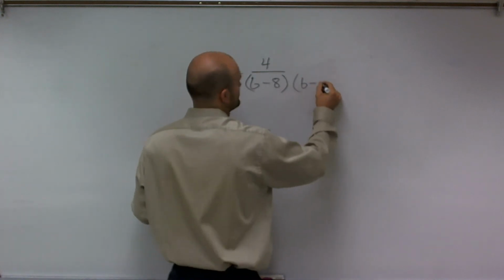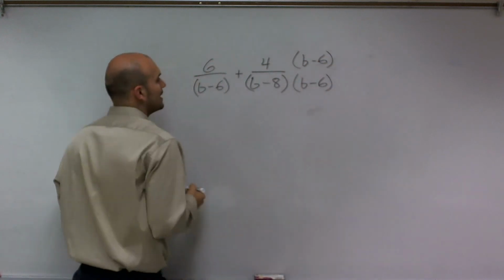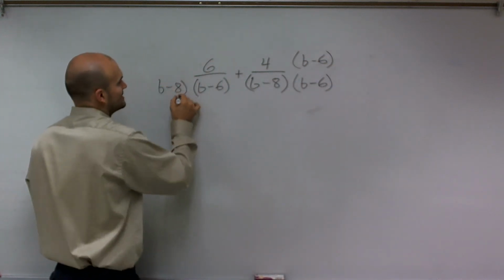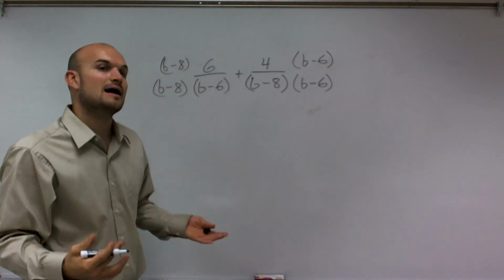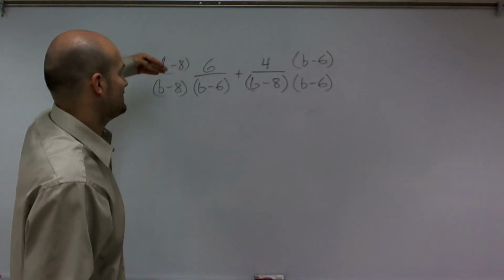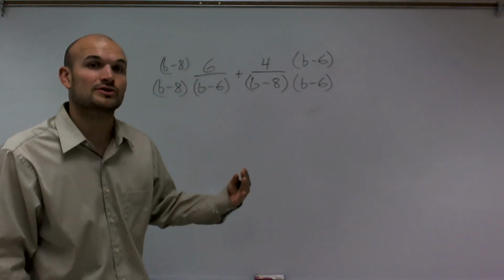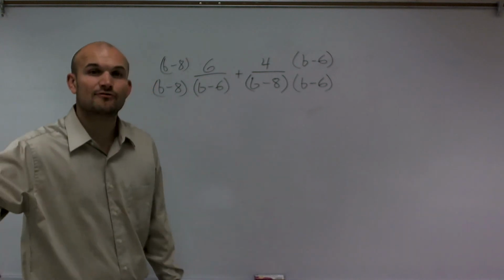I'm going to multiply b minus 6 on the right and b minus 8 on the left to produce a common multiple of b minus 8 times b minus 6. And remember, I have to do that on the top and the bottom to produce equivalent fractions.